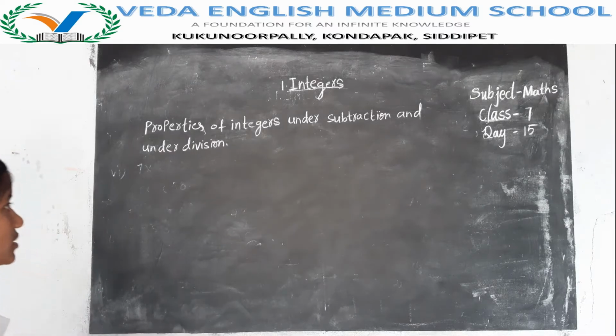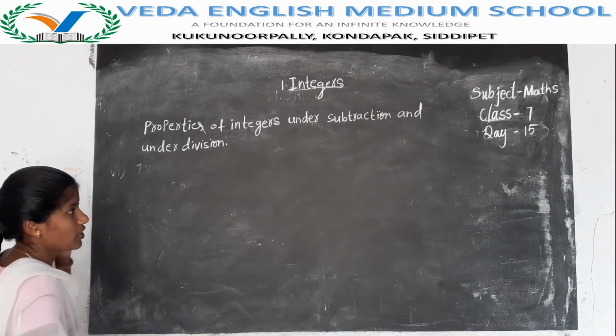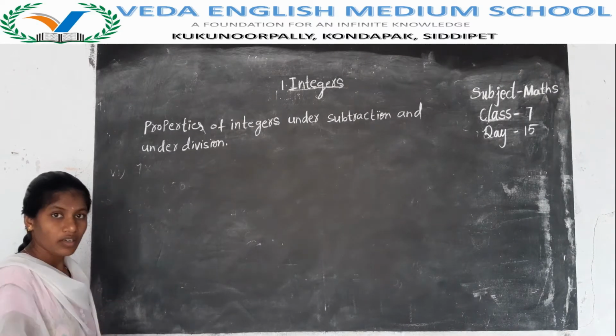Properties of integers under addition and subtraction. What is the first property? Closure property.